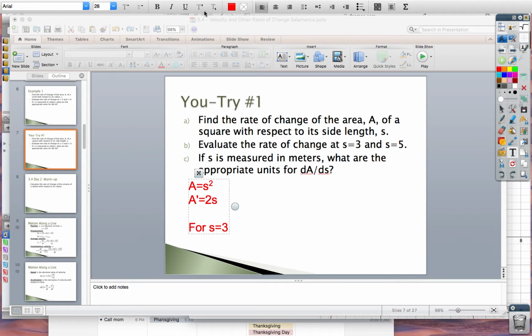For s equal to 3, A prime equals 6, and for s equals 5, A prime is going to be equal to 10. If s is measured in meters, what are the appropriate units? So our rate of change is area per meter. Change in area per meter is what we're looking at.